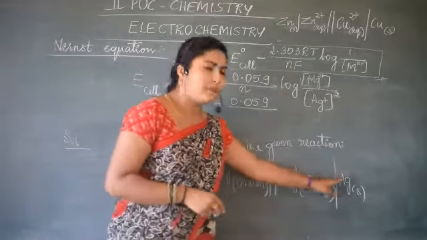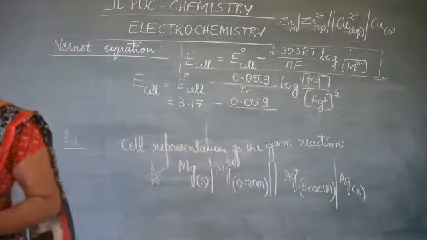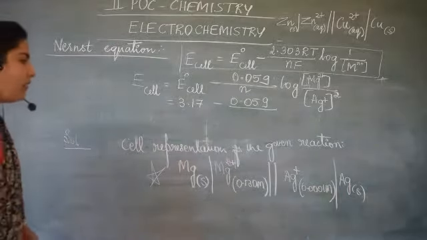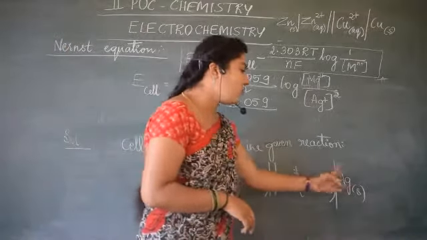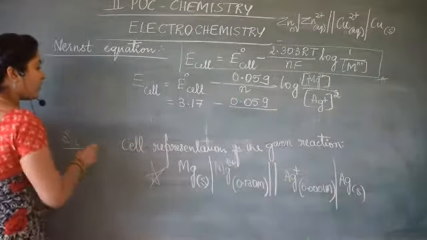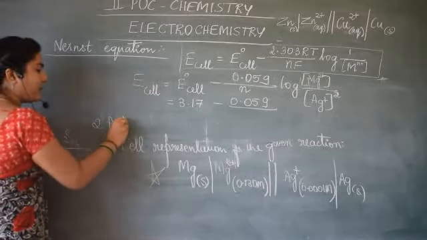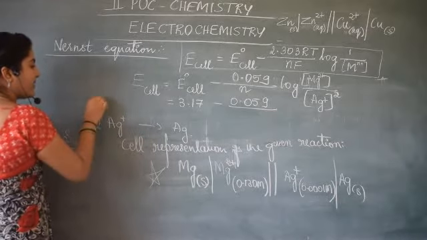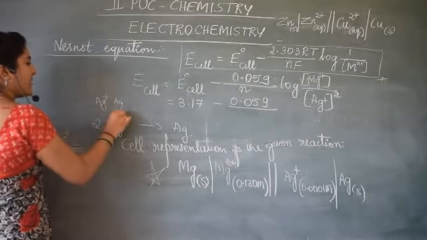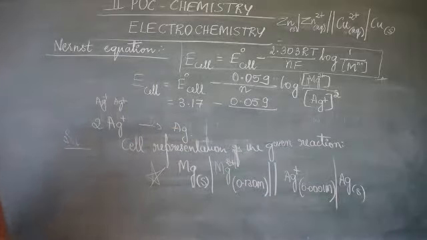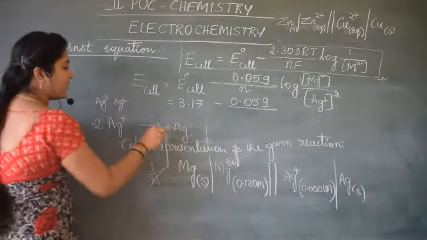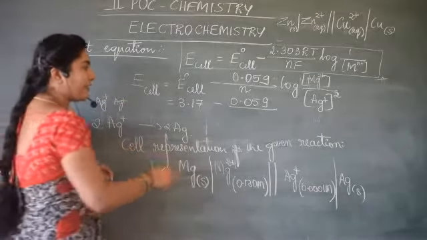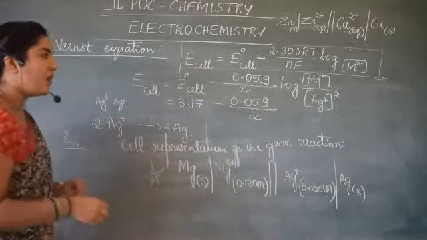Here 1 to 0 has been shown, but if you observe the reaction, it was 2Ag+, and on the other hand it was Ag. That means 2 Ag+ ions getting converted into Ag, isn't it? So 2 Ag was given. That means how many electrons will be involved? 2 electrons. So total 2 electrons. Therefore we write 2. Log of.